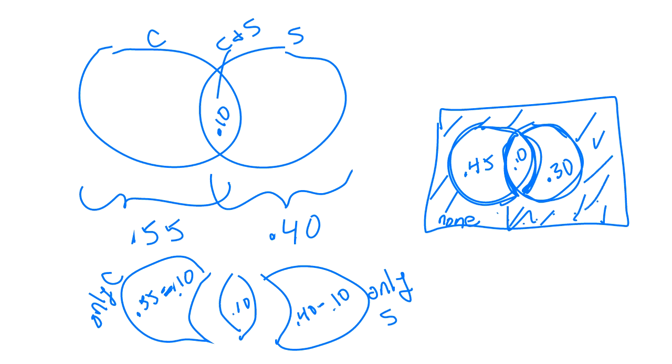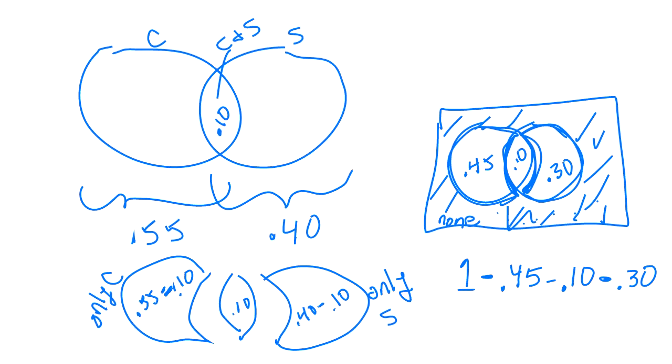They don't like either of those choices. So everything has to add up to 100%. So we have 100%, which is 1, minus the 45, which is chocolate only, minus both, which is the 10%, minus the 30%, which is strawberry only.